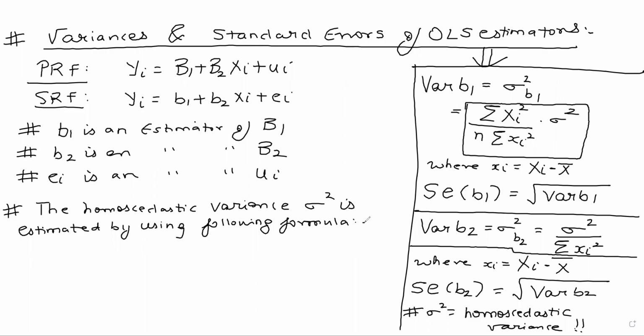The formula is as follows, guys. Sigma hat square is equal to summation ei square upon n minus. Now, guys, how many parameters are there, including the intercept term? We have two parameters, parameter 1, parameter 2. So n minus 2.